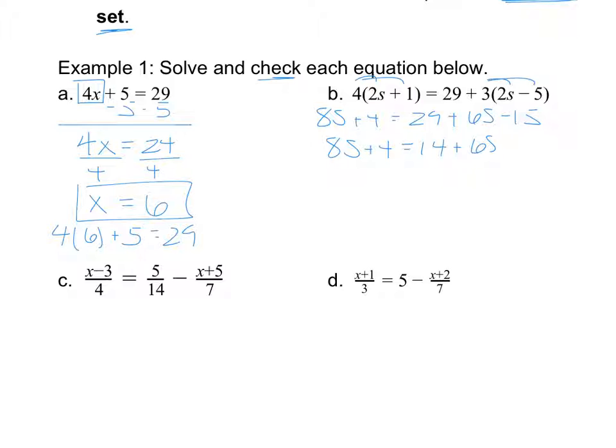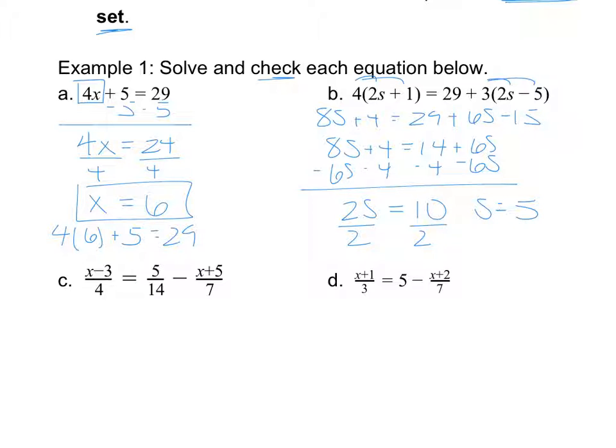Okay, it combines my like terms. I'm going to move the 6s to the opposite side. I move the 4 over, so now I have 2s equals 10, divide by 2, and I find that s is 5.